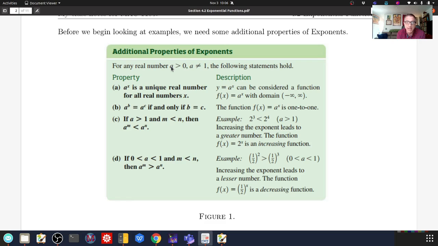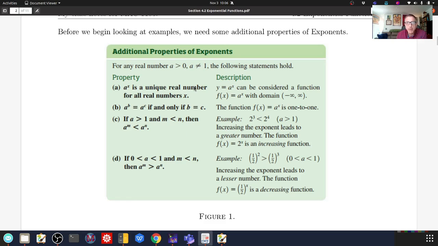That's going to be our base. And we're going to stipulate that once you decide on it, it's going to be greater than 0, but it's not going to be equal to 1. So keep those two things in mind. Exponential functions have as their base a number which is greater than 0, but not equal to 1.